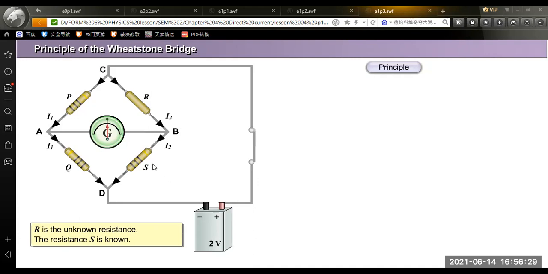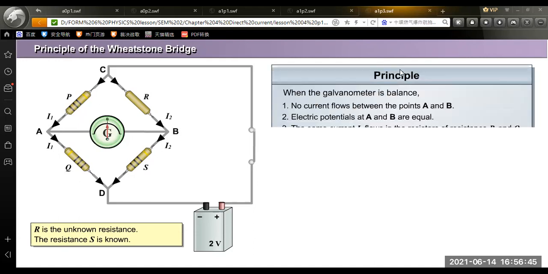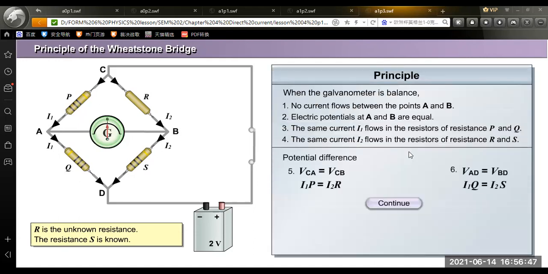So we notice that P, Q and S have the same color, right? So they have the same reading. So what is the resistance of R? The principle: when the galvanometer is balanced, this means that no current flows between point A and point B. Why?